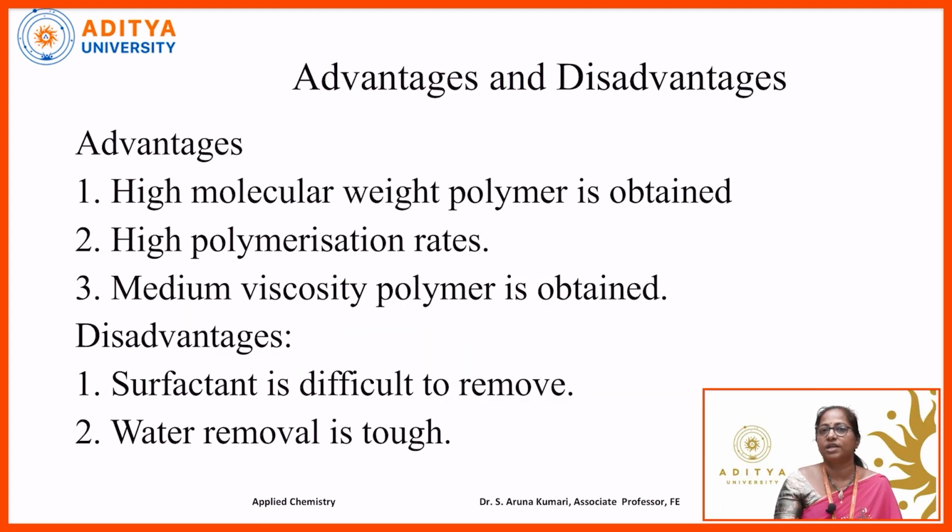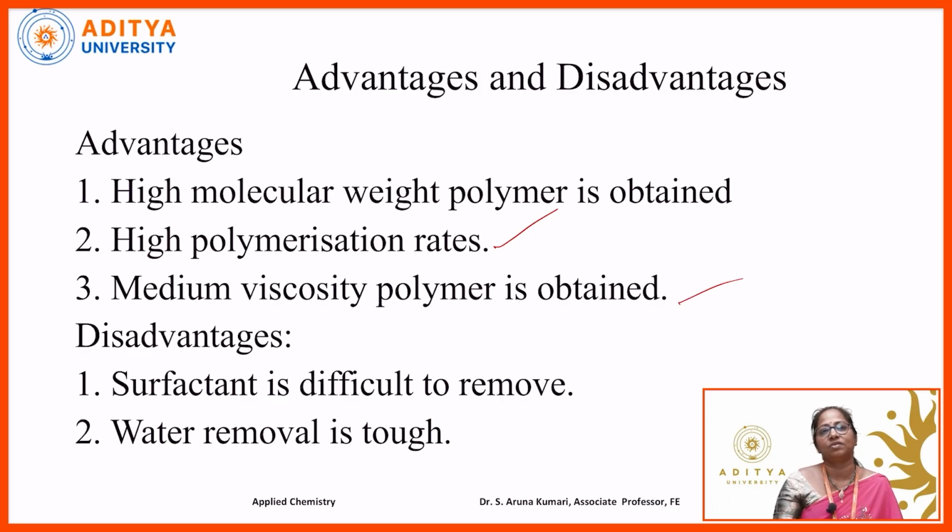Let us see what are its advantages and disadvantages. Coming to advantages, a high molecular weight polymer is obtained by emulsion polymerization. It has high polymerization rates. And in this emulsion polymerization, a medium viscosity polymer is obtained.